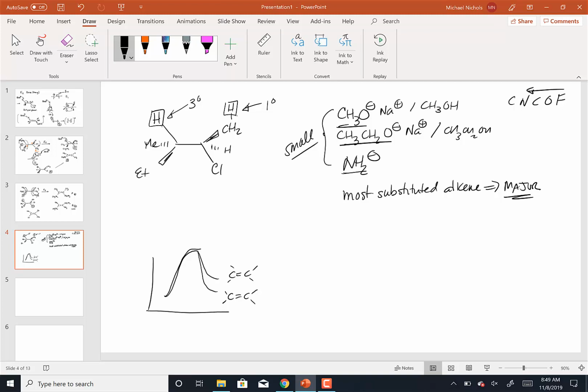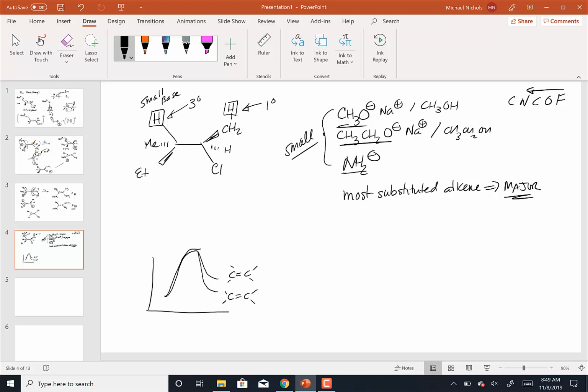So I want to choose the other product. I actually want to deprotonate. Well, let's see. So in other words, with the small base, finish this up. The small base here removes the tertiary hydrogen. Why?